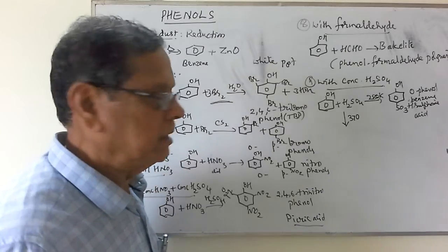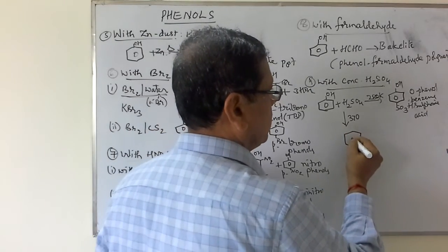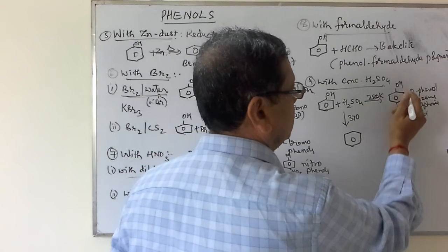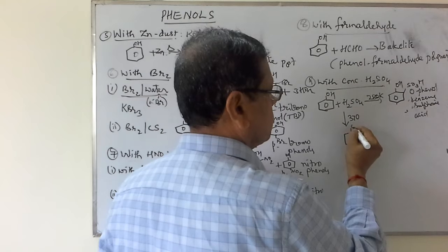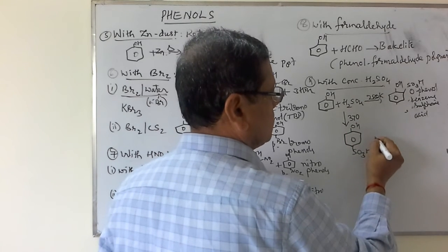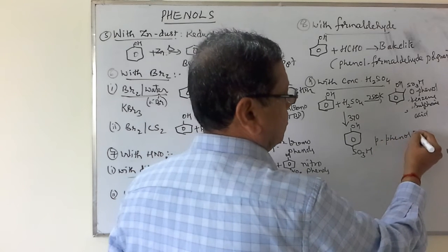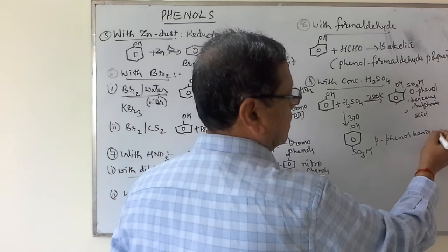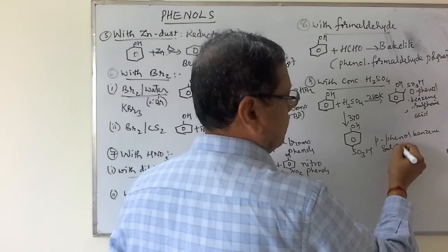But when the same phenol is reacted with concentrated H2SO4 at 370 Kelvin, at about 97 to 100 degrees Celsius, it gives rise to the para-substituted product. This is ortho substituted SO3H, and this is para substituted OH and SO3H. This is para-phenol benzene sulfonic acid.